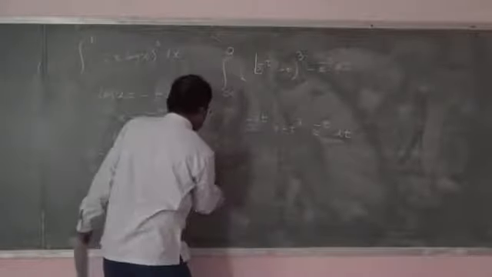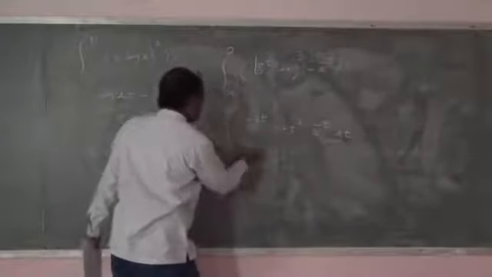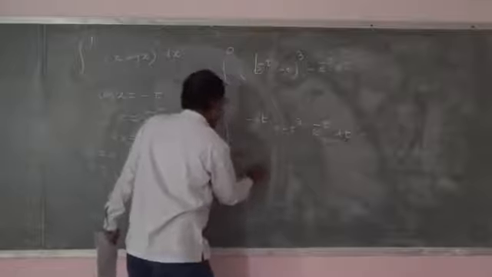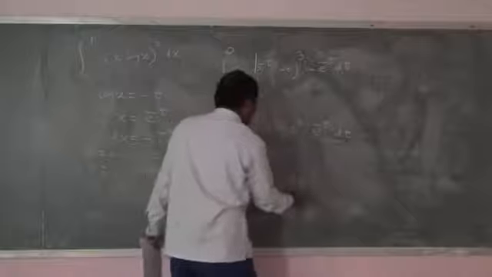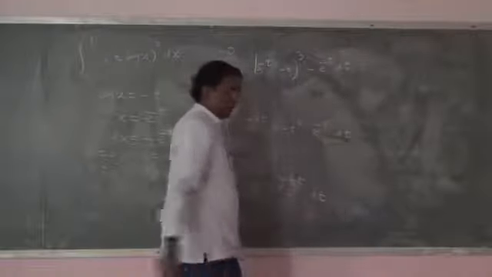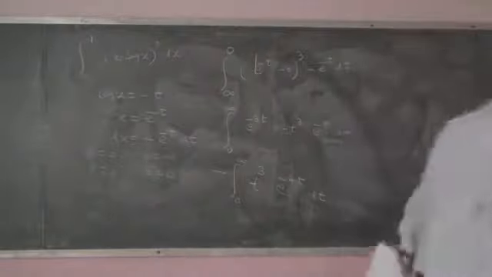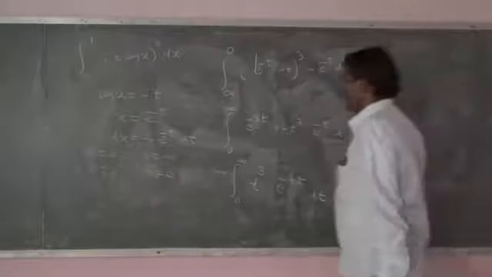So this minus comes outside, 0 to infinity, t to the power 3, minus t minus t is e raised to minus 4t into dt.